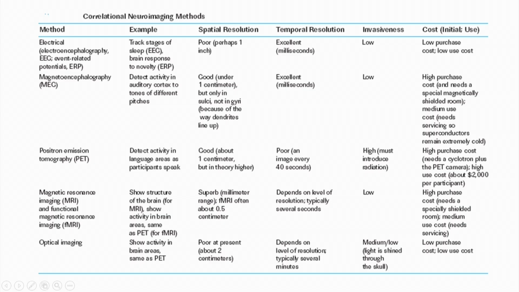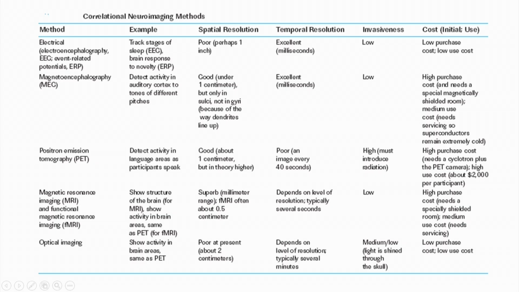So this method is now being used to find out the amount of blood traveling through a particular area, depending on how much laser light is being reflected back through various tissues and substances in the brain.